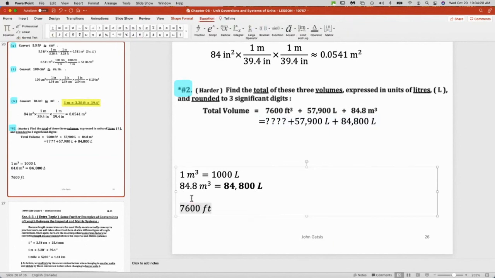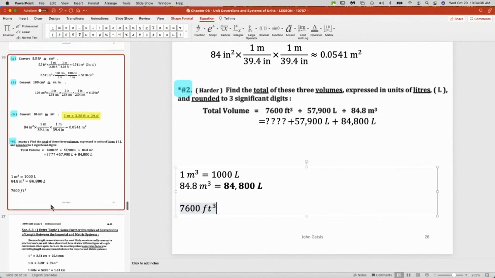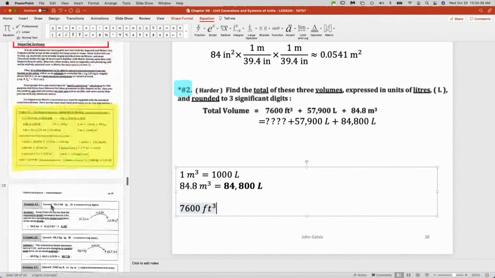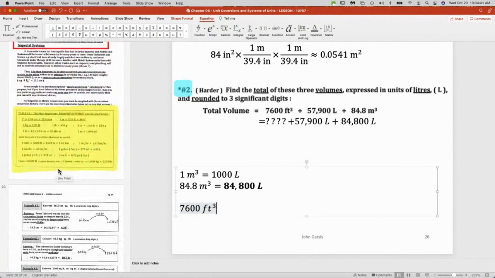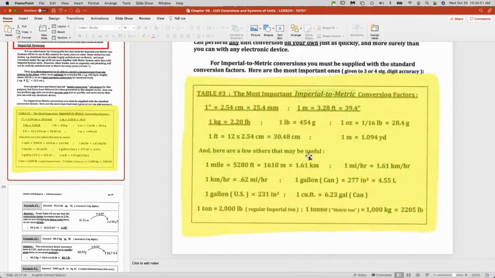7,600 cubic feet. We need to get to liters. So let's go back to that table and hopefully we find something useful. I'm just looking in the table and I have gallons. It's not looking very good. You see what I'm saying here? This is the table here.